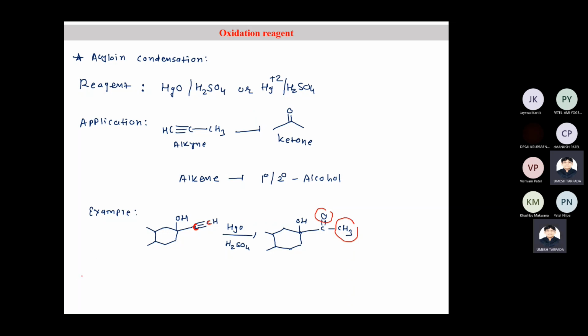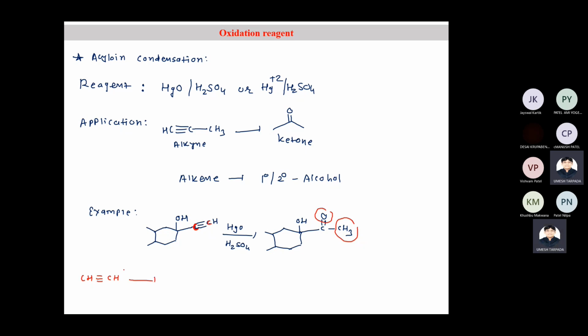What happens if you have CH triple bond CH? Again, you can do the same reaction, but before doing the same reaction, suppose you modify this one.